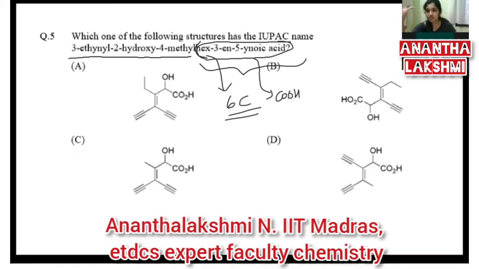We'll actually learn about the priority orders in organic chemistry when we come to that. So firstly, we now understand that there are 6 carbons in the main chain, and it starts with carboxylic acid. Now we have to number each compound and see whether it matches the positions given. Okay, so let's start numbering.